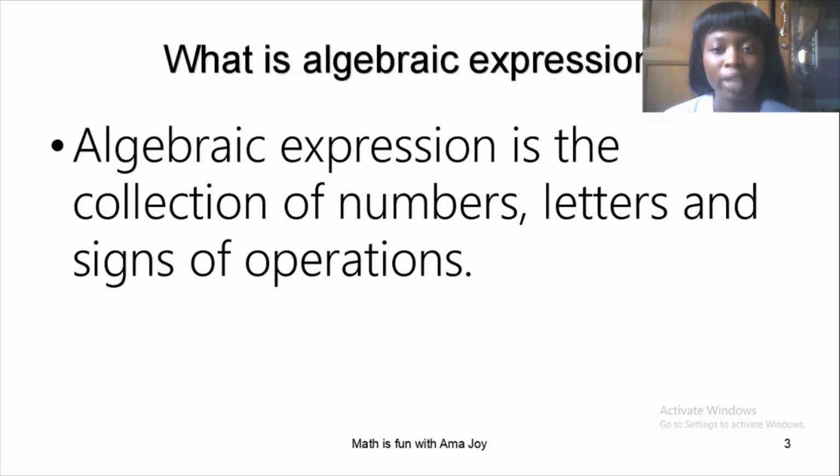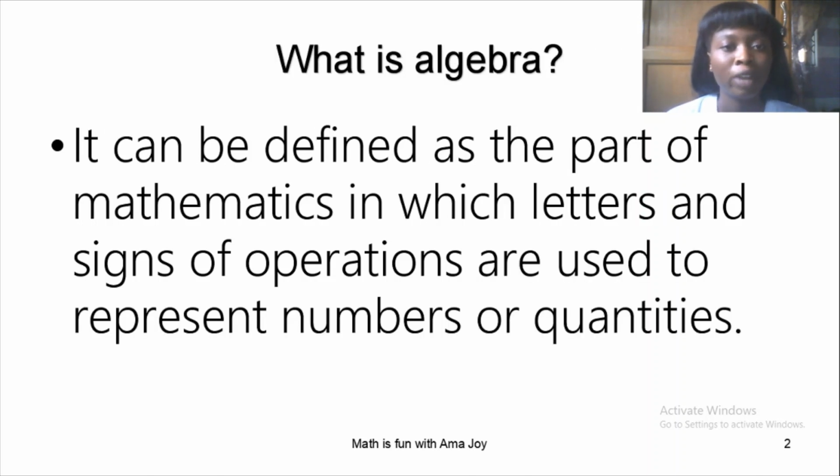Now, algebraic expression. Algebraic expression is the collection of numbers, letters, and signs of operations. So algebraic expression is derived from algebra as a whole. So let's see our keywords from algebra.